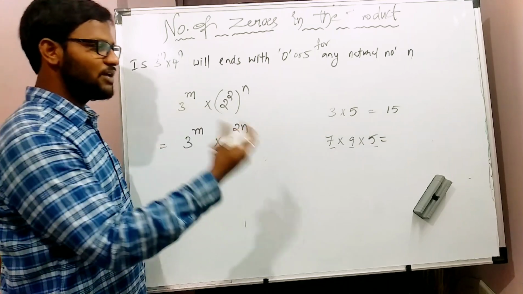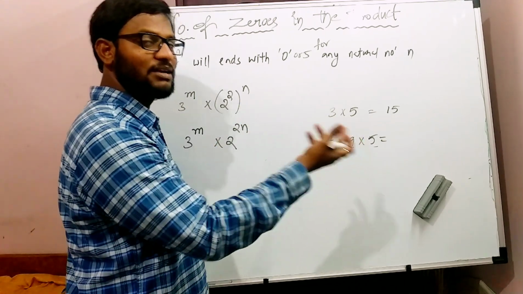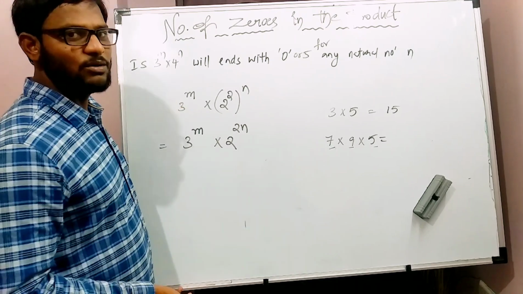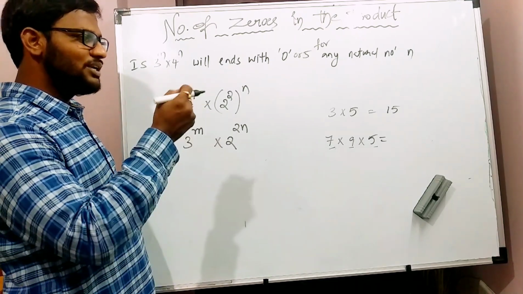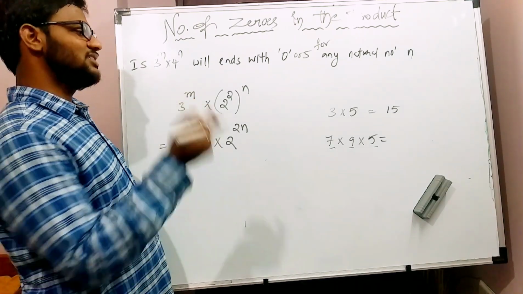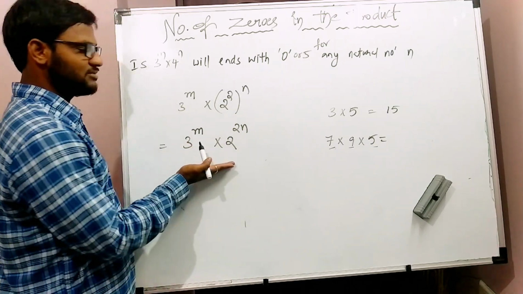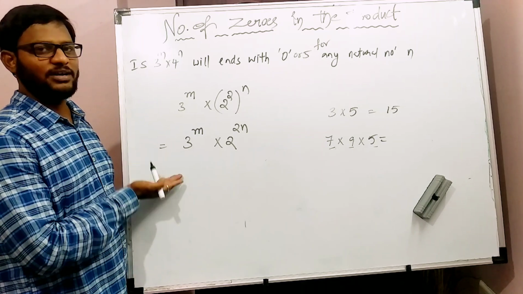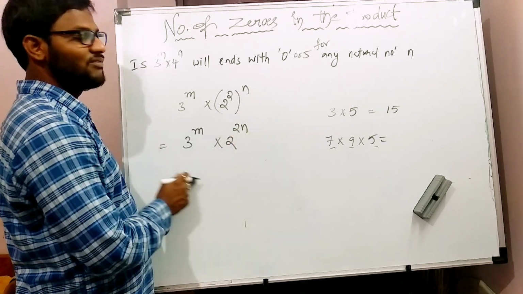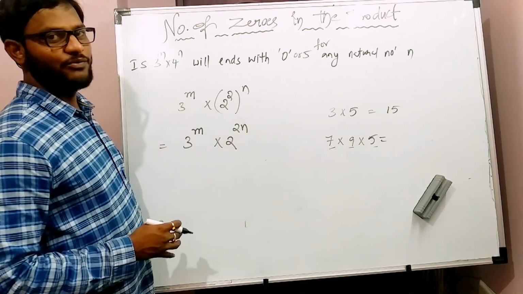If there is 2 and 5, then the product will end with 0. If there are only 5s but not 2s, then the product will end with 5. But here there is no 5. We have 2 but there is no 5. So this product will not end with 5.